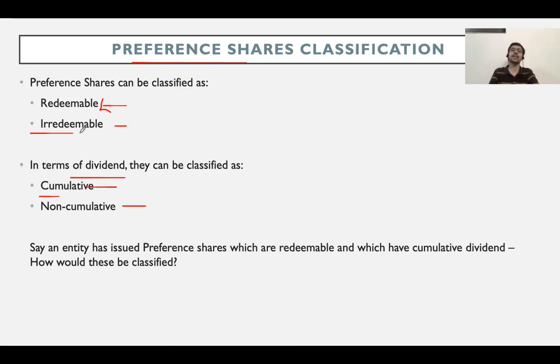Please don't forget that Ind AS is prepared more from a global perspective. You in India might not have irredeemable preference shares, but you may have a subsidiary in, let's say, the United Kingdom. What if the United Kingdom permits irredeemable preference shares?